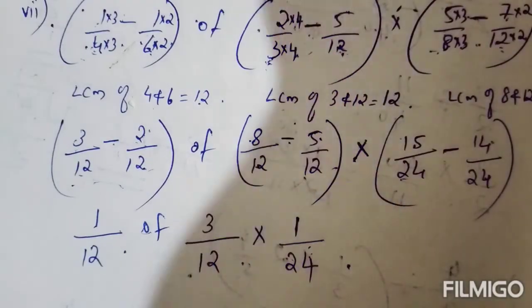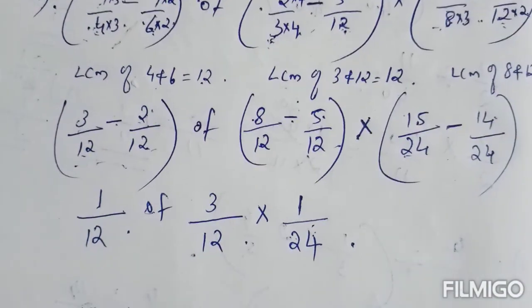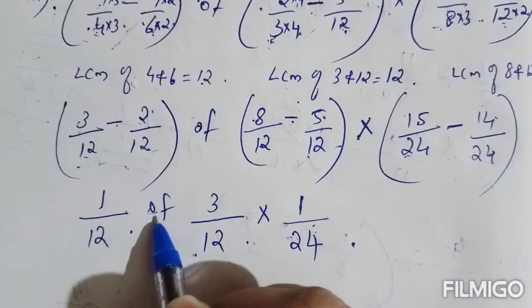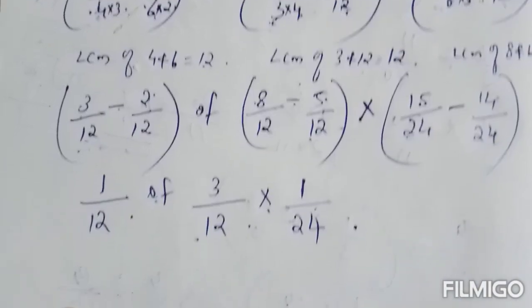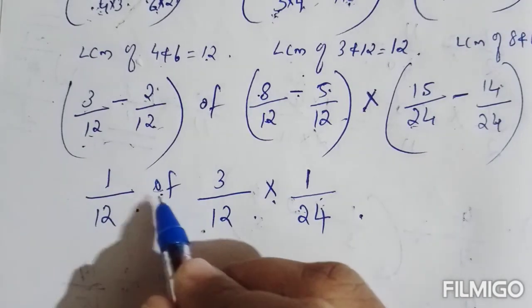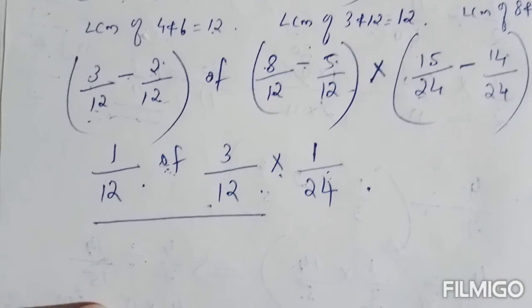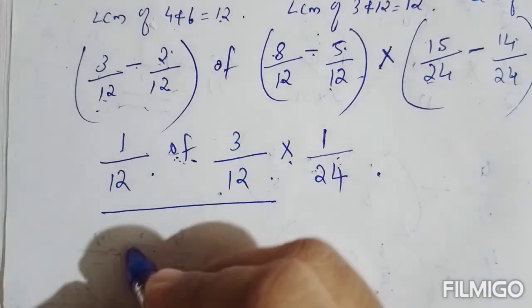If the denominators are the same, then you can subtract the numerators. Now 'of' and multiplication are coming. As per BODMAS, you have to solve 'of' first. 'Of' you have to do first. 'Of' means it is multiplication.